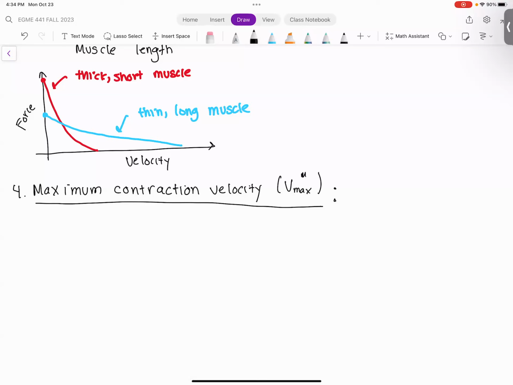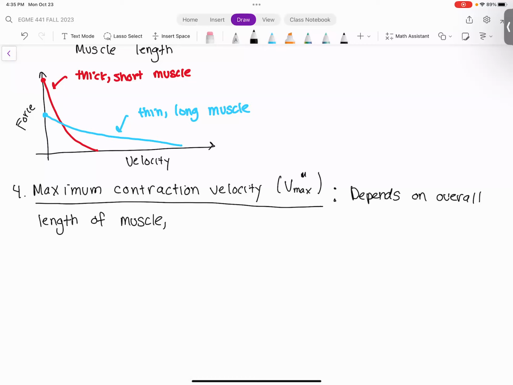This particular parameter depends on the number of sarcomeres, and so it's also a function of the overall length of the muscle. So that's one factor that contributes to the maximum contraction velocity.